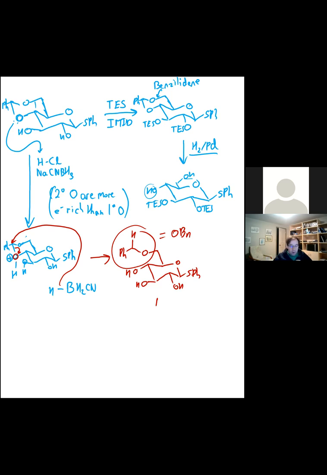Now, we also have conditions where we can invert that. So as I said, the whole idea here was the H plus was a nice small proton. That oxygen is more electron rich, but it's also more hindered than the C6. So if we can invert that, if we can find a way to put something big in there, a big acid isn't going to be able to interact with that C4. It's going to want to interact with C6. And that's exactly what happens.